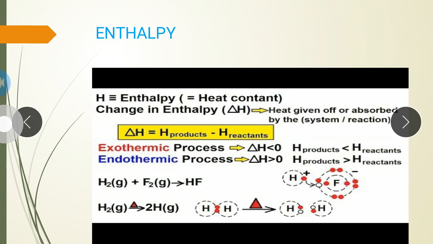Okay, so exo means heat is released and endo means heat is taken up by the system. Okay, so here we can see some two reactions. H2 of g gas plus F2 of g gives HF, and H2 of g, when we heat up that content, there will be a splitting of two hydrogens, this gas.